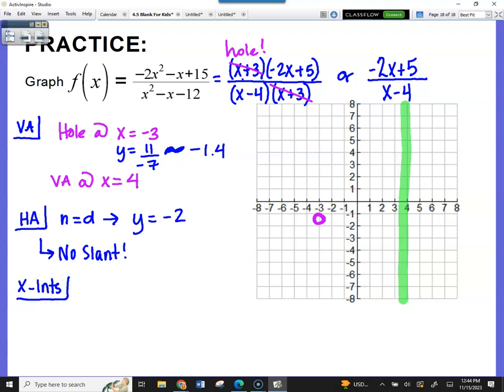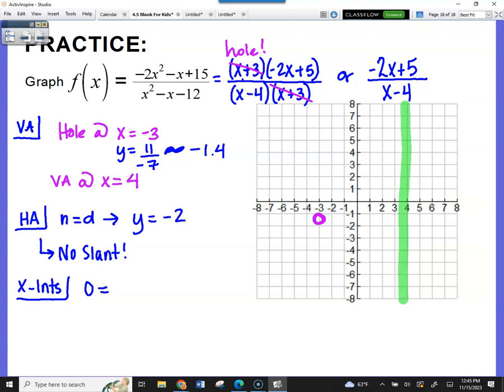To find the x-intercept, go to what's left, plug what in where? To find the x-intercept, plug 0 in for y. They switch, they're backwards. If I'm looking for the x-intercept, then y is 0. If I'm looking for the y-intercept, then x is 0. It would be helpful to go to the one left over.